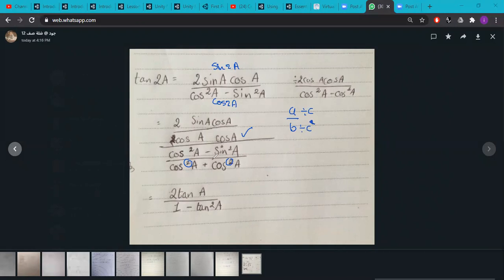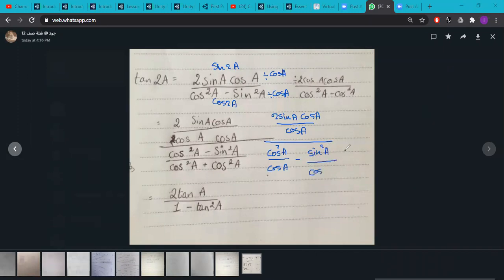So what do I do here? To get tan A we have to divide by cosine A, meaning divide the top and the bottom by cosine A. Okay, I'll erase this. Dividing by cosine, the top becomes 2 sine A cosine A divided by cosine A, over cosine square A divided by cosine A minus sine square A divided by cosine A. Now we won't get anything. Any suitable choice, we can divide by cosine square.